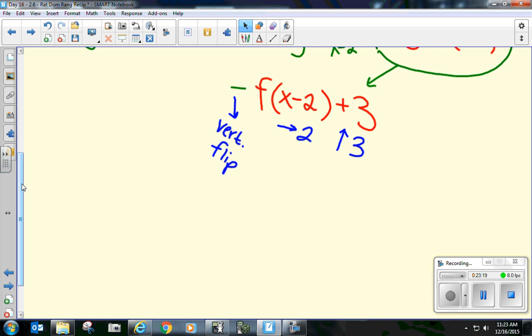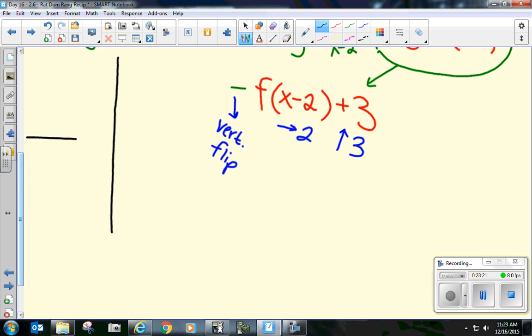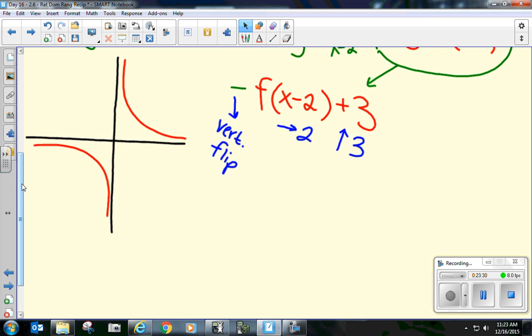So if I know this is the graph in red of 1 over x, okay? Well, not only will it flip vertically, which means this top right thing will go here, and this bottom left will go here, but after I do that, it's going to move 2 to the right and up 3.